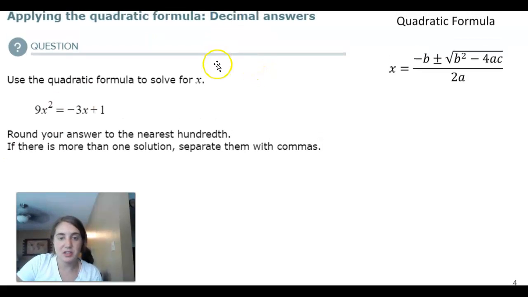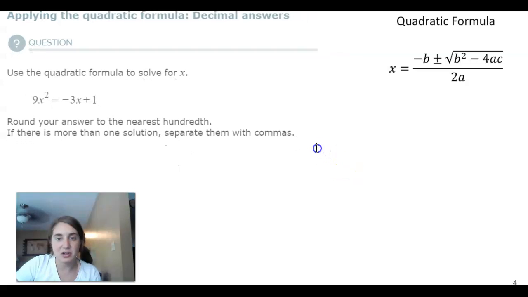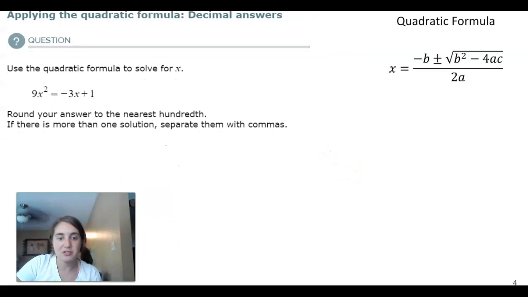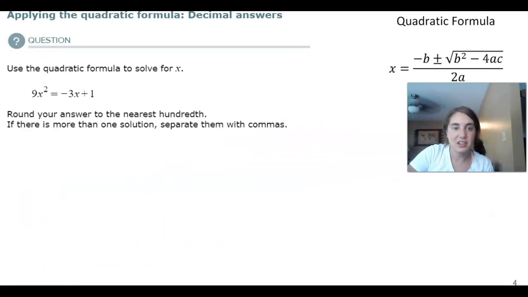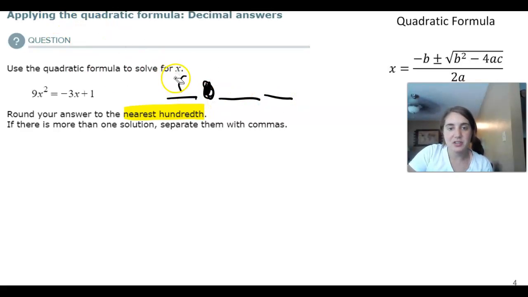This one is asking us to solve and get a decimal answer and round to the nearest thousandth or hundredth. So that's the something point something something. Let's go ahead and try to solve that.